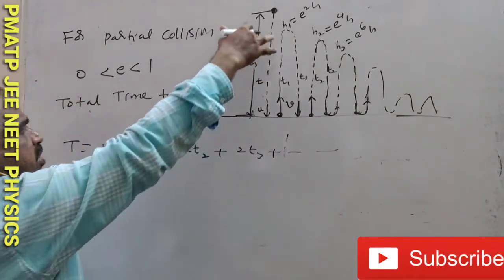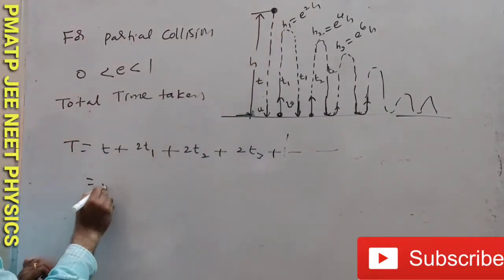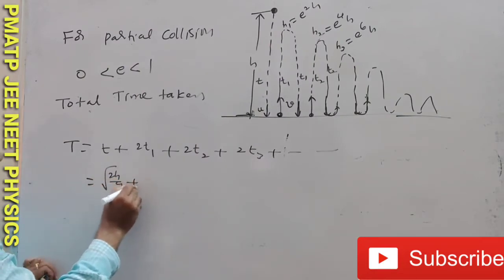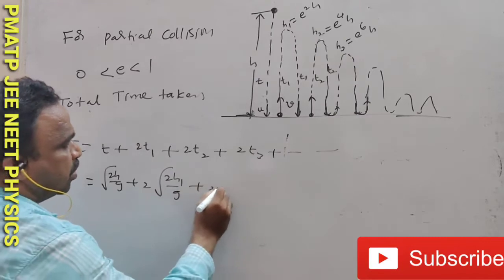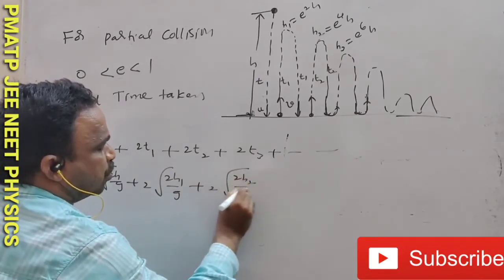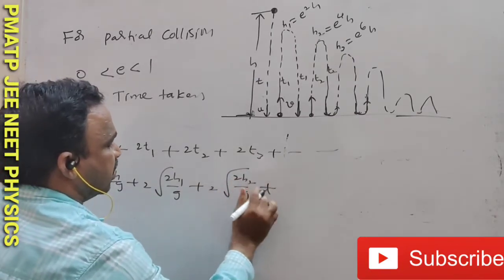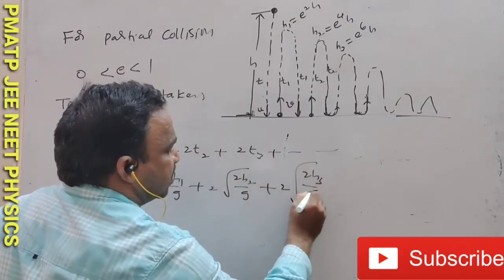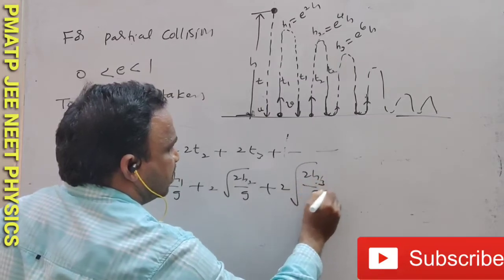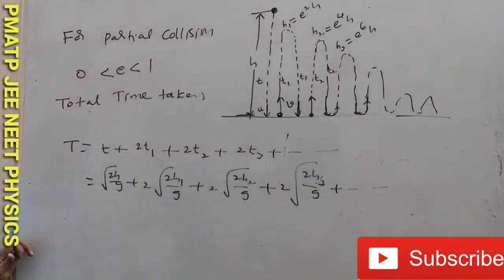Suppose a ball falls from height h, then t is equal to root 2h by g, t1 is root 2h1 by g, t2 is root 2h2 by g, t3 is root 2h3 by g. The time of descent formula should apply.